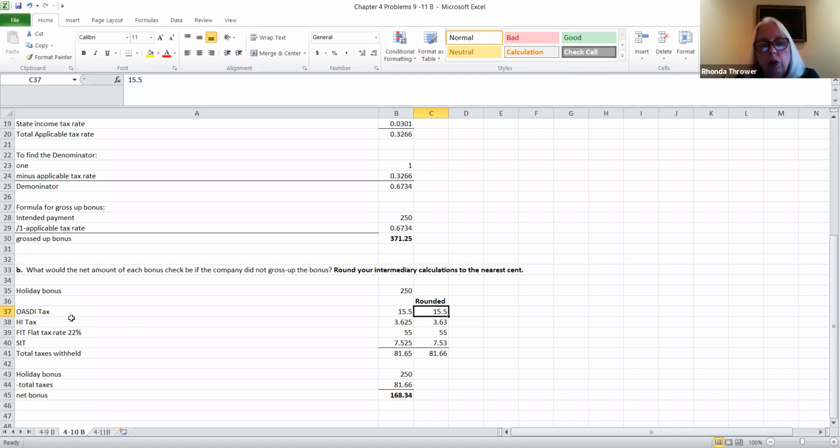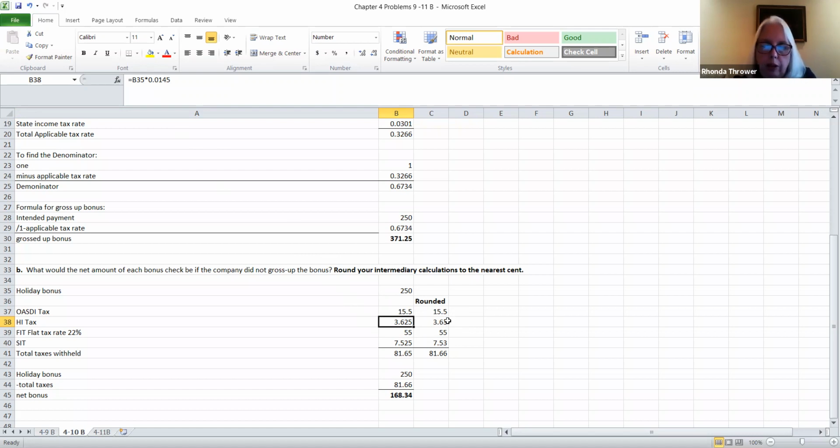For example, on the HI tax, the HI tax would be $250 times 0.0145 or 1.45% for HI. When you multiply those out, it gives you 3.625, which you have to round back to 3.63.